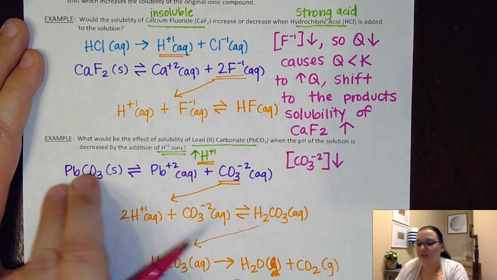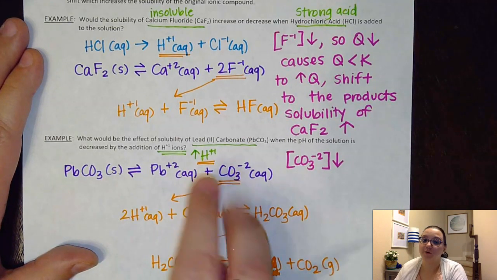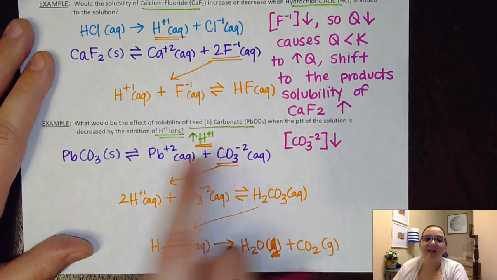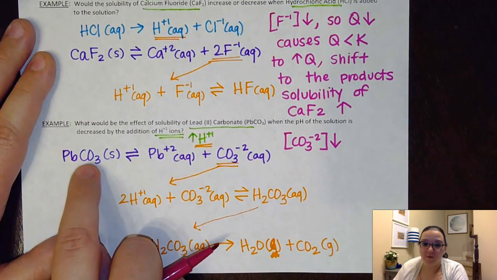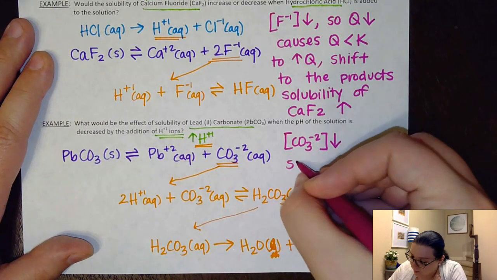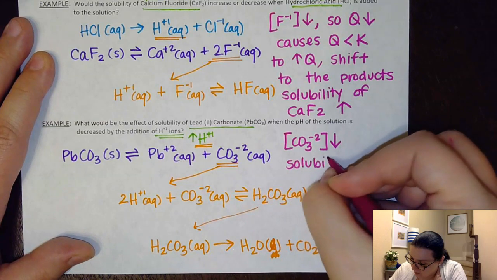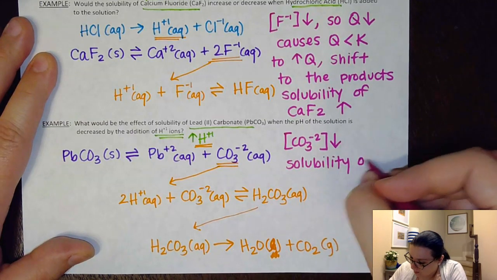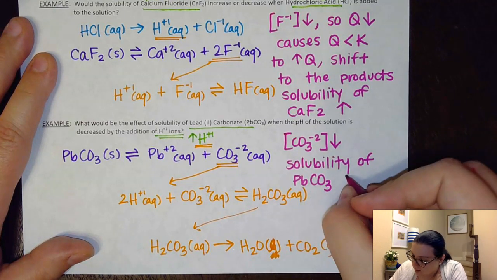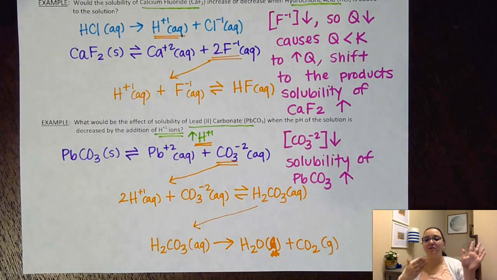So I'm constantly shifting toward these ions in order to replace the carbonate that's being lost. And the net effect is that this lead carbonate over here is constantly going to ions, and so the solubility of it is constantly increasing. I'm constantly dissolving more and more of it going to that product side.